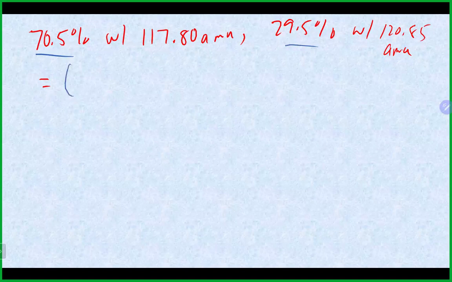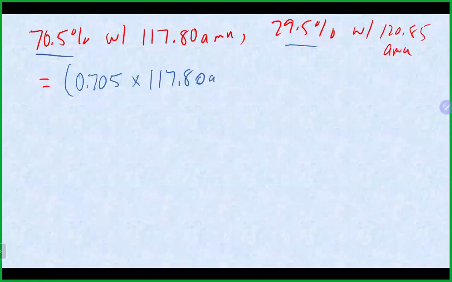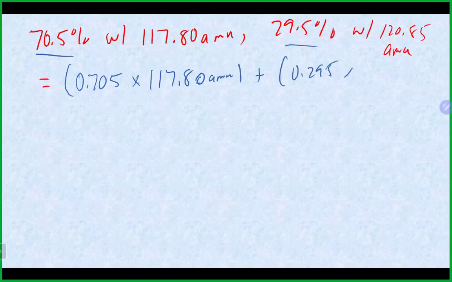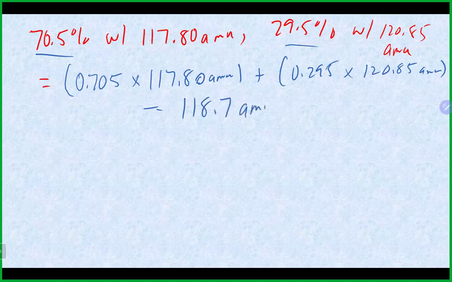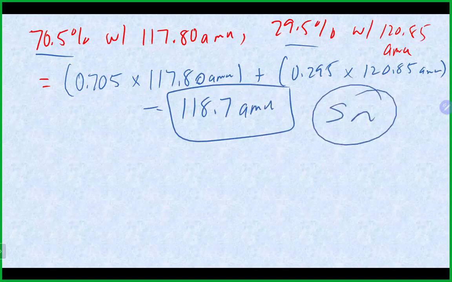So we're going to take our first isotope there, convert the percentage into a decimal, times it by the atomic mass of our first isotope, plus our second guy here, times our 120.85 AMU. And if we do all that good stuff there, looks like 118.7 AMU. And if we take a look at the periodic table, that is probably our friend tin, right? Is probably who that would be in this particular case.